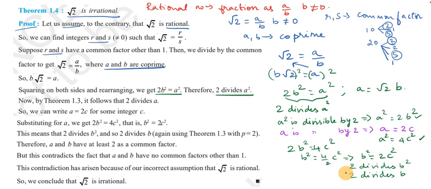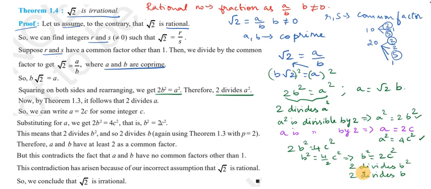Likewise we are saying here 2 divides b square. If 2 is going to divide both a square and b square, then it means that 2 is a common factor of a and b.